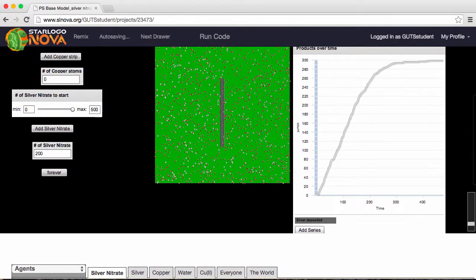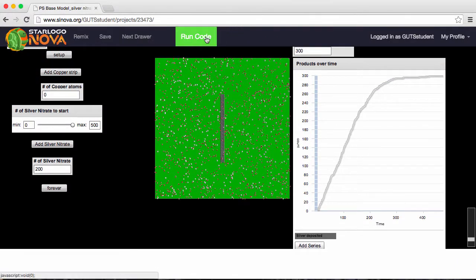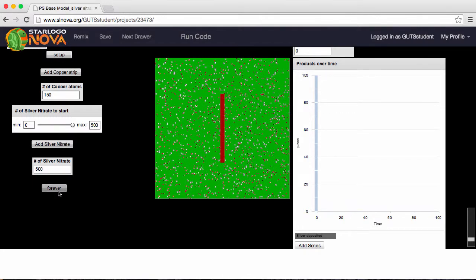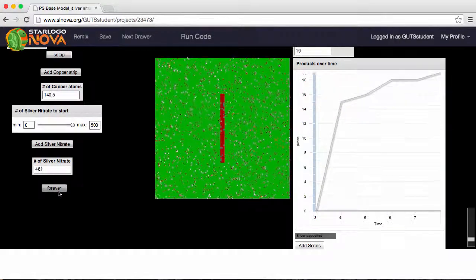Again, we have to click Run Code. Since we changed something in the code, Setup, add copper strip, add 500 silver nitrate, same amounts, and click Forever. And let's watch the graph.